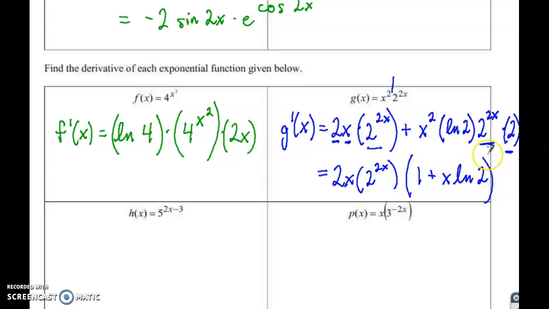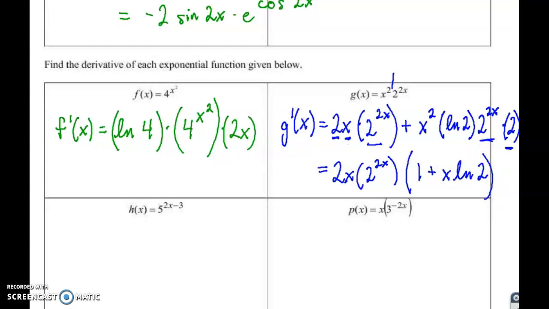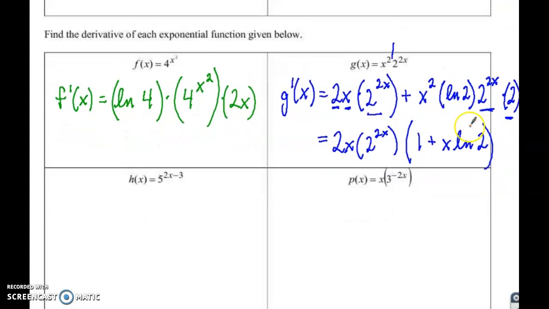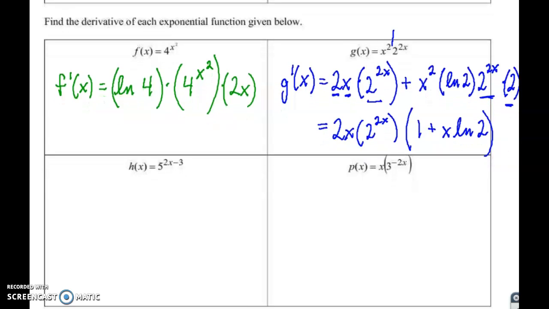But either of these options are acceptable. Oh, by the way, you could actually combine the 2's together, multiply with the same base. So what you could do also is rewrite it as x times 2 to the 2x plus 1, and same thing with this one. So that's another option.